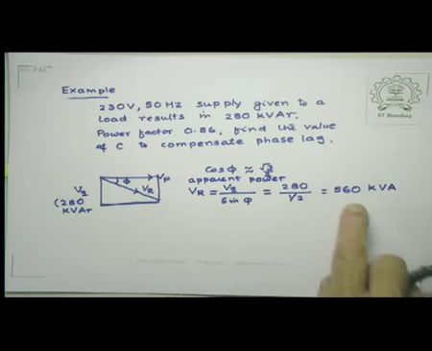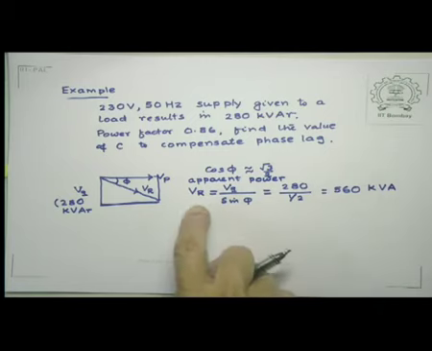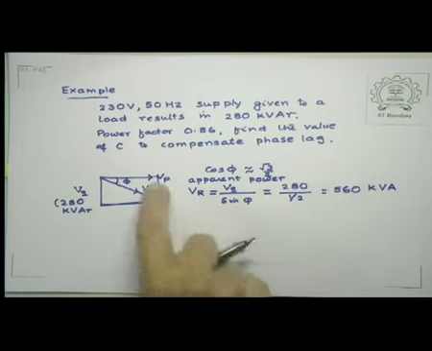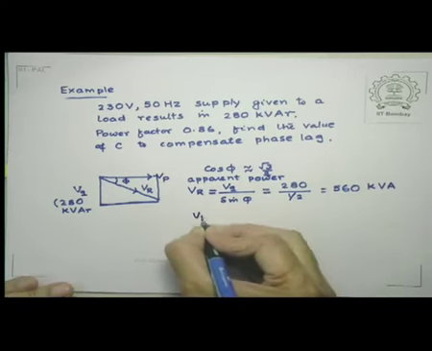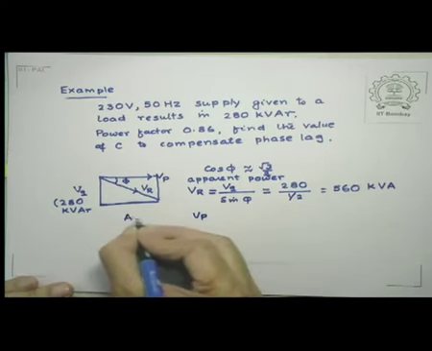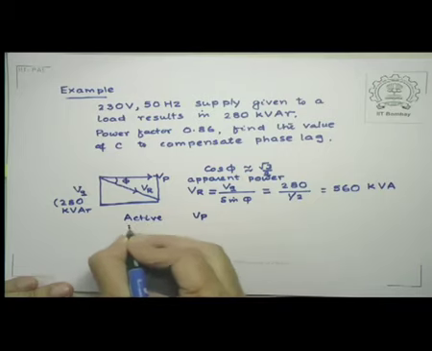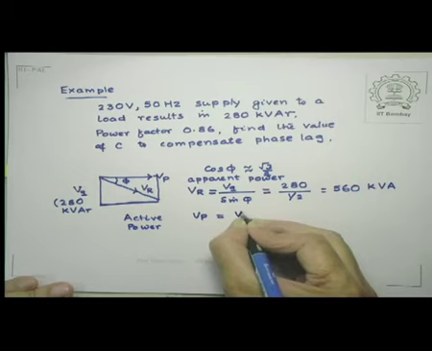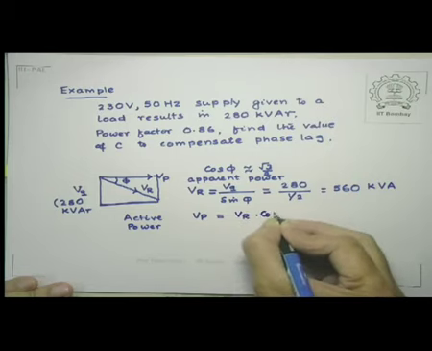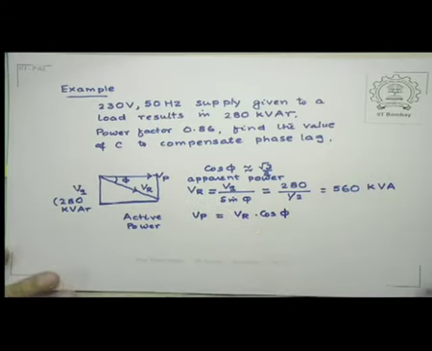The principle of compensation is to make this apparent power as close to the real power as possible. But how much is real power? The real or active power Vp is equal to VR cosine phi, and cosine phi is of course √3/2.